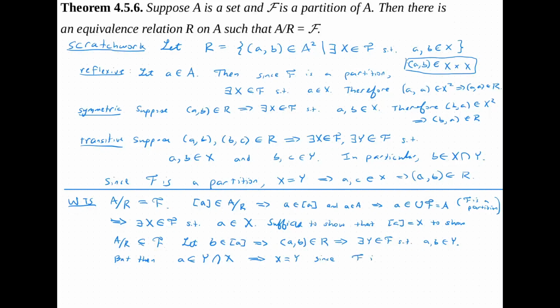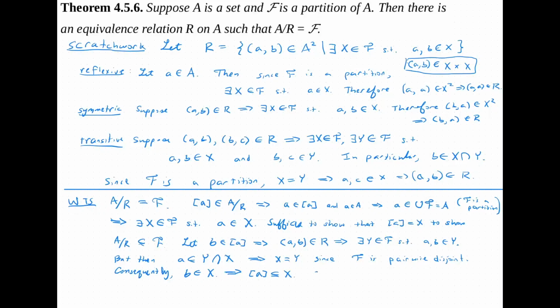So since F is pairwise disjoint, consequently, we have now shown that B is in X. And now this tells us that the equivalence class of A is a subset of capital X.